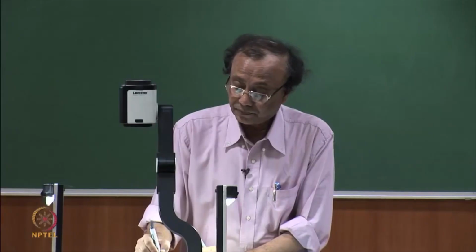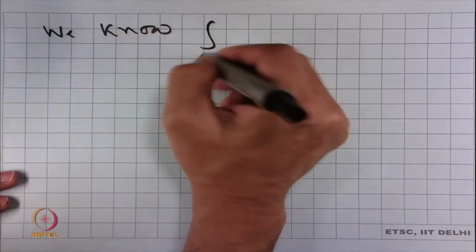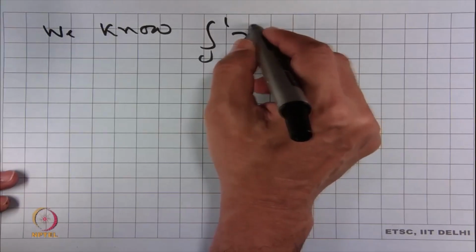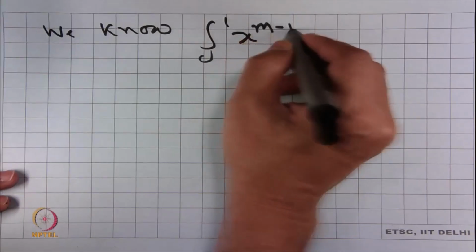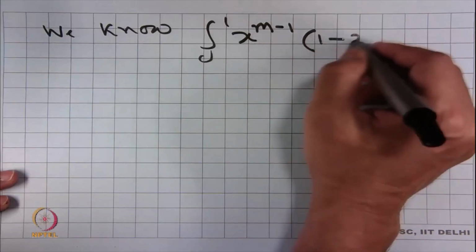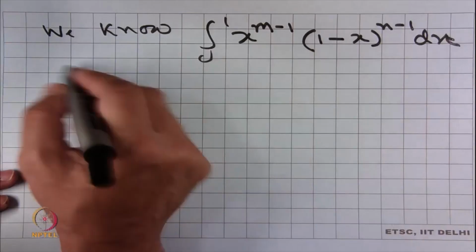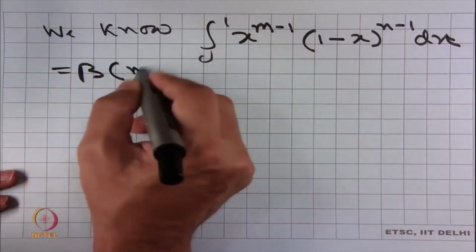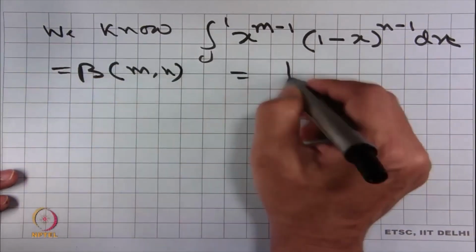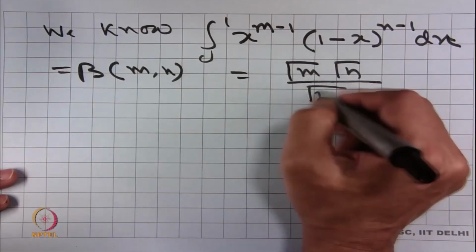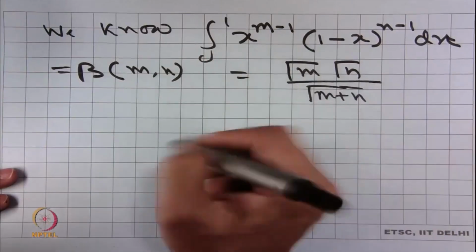We know integration 0 to 1 x to the power m minus 1 into 1 minus x whole to the power n minus 1 dx is equal to beta m comma n, which is equal to gamma m gamma n upon gamma m plus n.